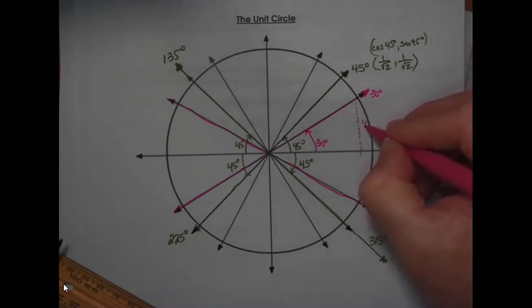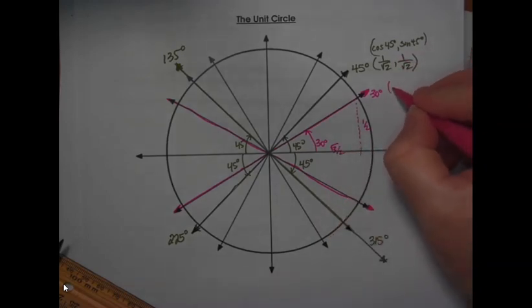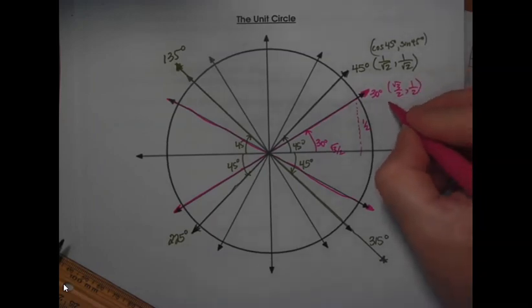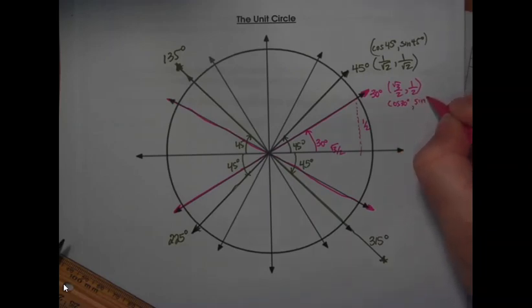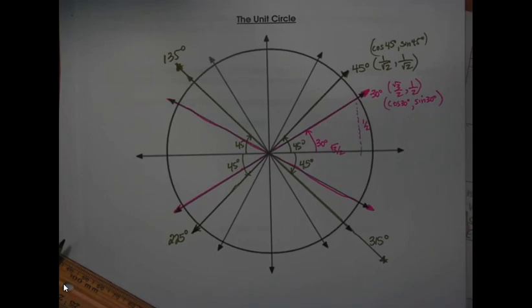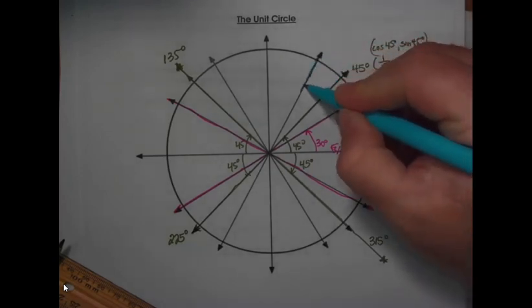This is my 1/2. This is my root 3 over 2. So that's root 3 over 2 and 1/2, because that's where cos of 30 degrees and sine of 30 degrees come from. And then we'll go up to our 60s.